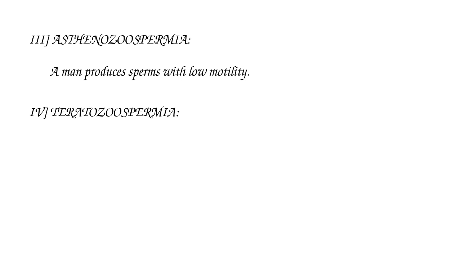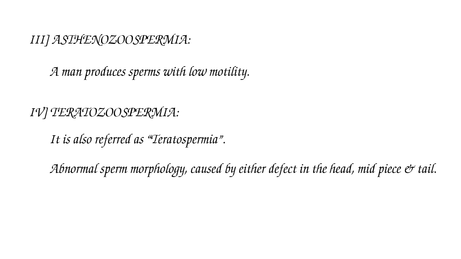Another unusual feature is teratospermia. It is abnormal sperm morphology, that means shape, caused by a defect in the head, midpiece, or tail.